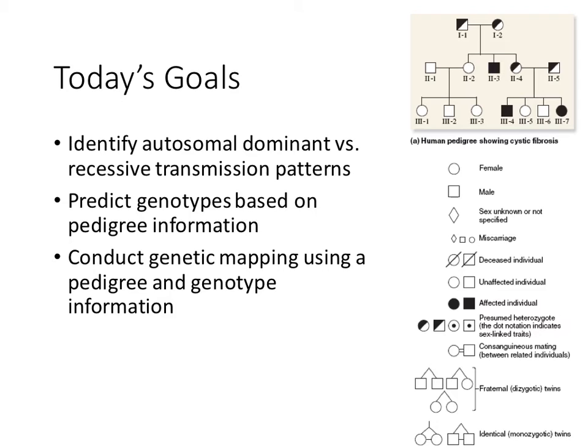So this is what I'd like to do for the rest of today and into the next few classes. My goals are that you be able to identify, this is the simplest thing, which you may already know how to do, look at a pedigree and tell me, is it a dominant or recessive transmission pattern?